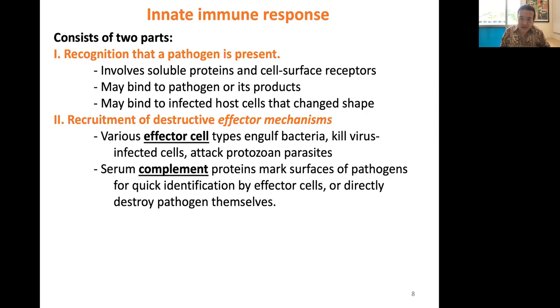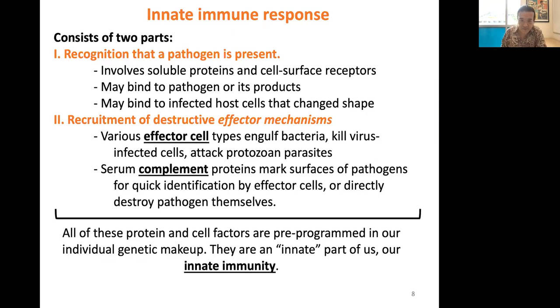Right? And these complement proteins, once they bind, they can act as flags. It's like you're putting little flags on something to make it easier for the immune system to recognize that there's something that needs to be destroyed here, or these complement proteins can in fact on their own disrupt the function of a bacteria or a virus. So we'll learn about those the next lecture.